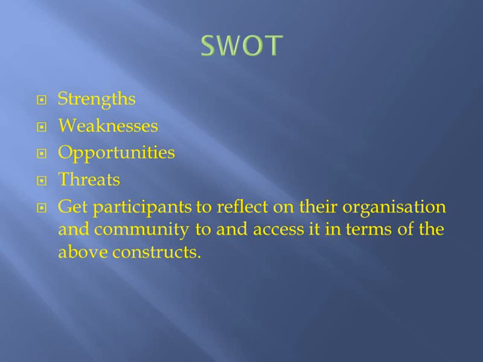You can replace strengths with resources, weaknesses with challenges, and you end up with RCOA, or if you replace opportunities with alliances. Essentially this is a tool that's very flexible as well.